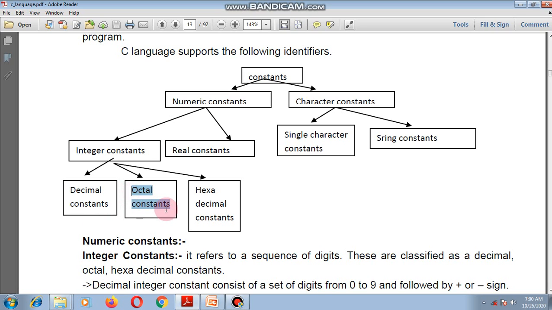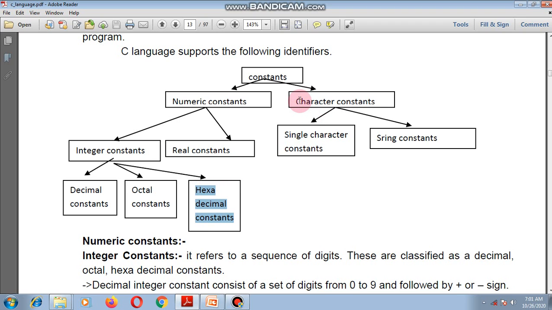Next, octal constant. An octal constant contains the numbers 0 to 7, and it is preceded by 0. Next, hexadecimal constant. Hexa means 16. A hexadecimal constant contains the numbers 0 to 9 and characters A to F, and it is preceded by 0X.